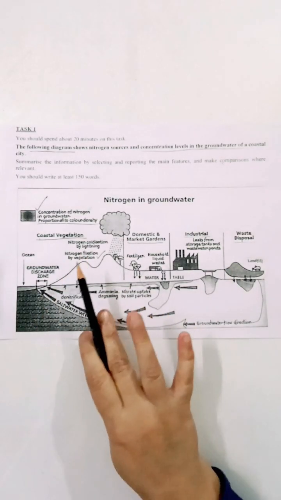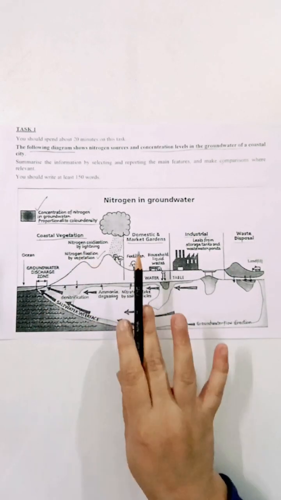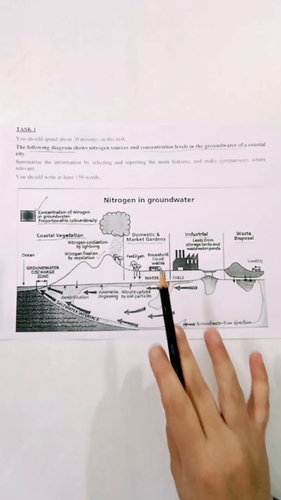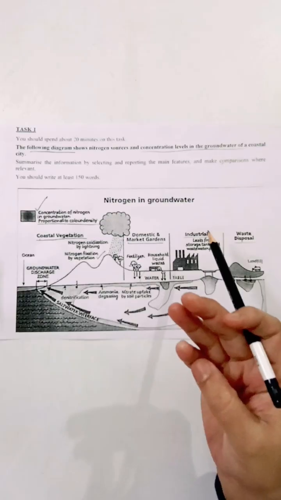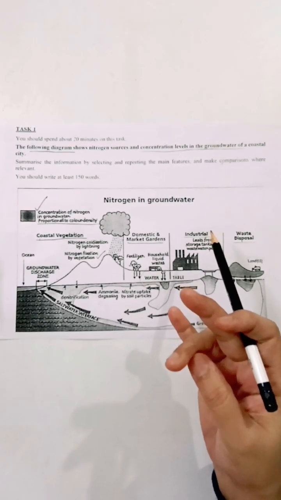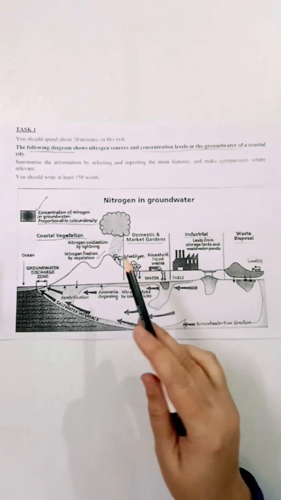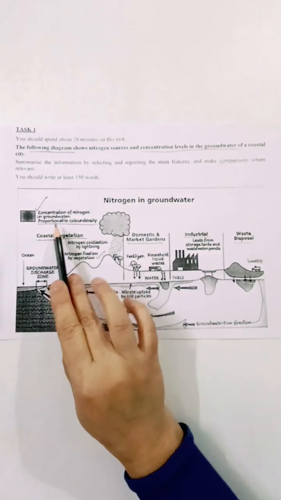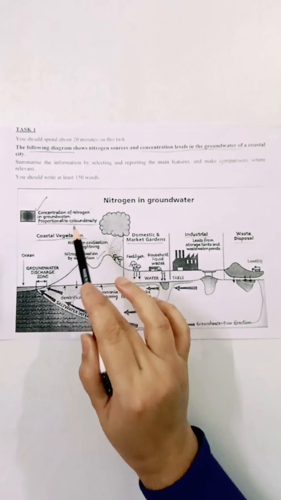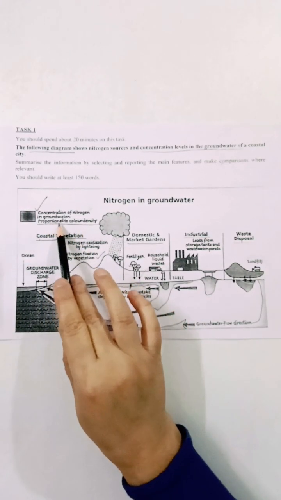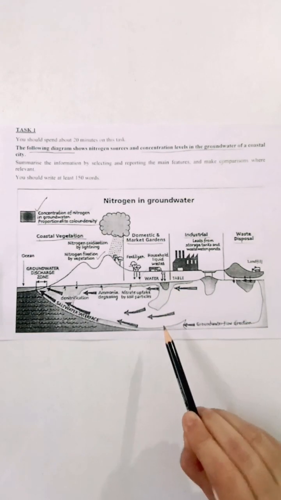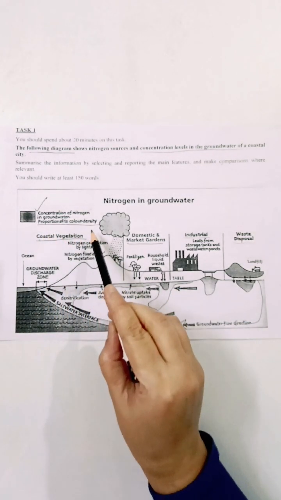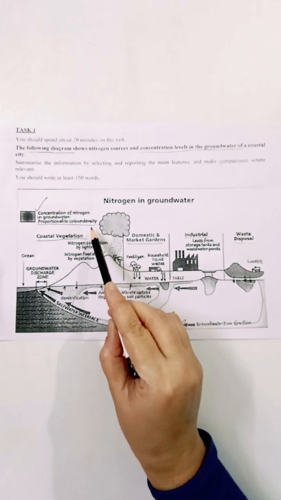So it is crystal clear from the diagram that the amount of nitrogen, okay, I'm not using level, I'm not using percentage, the amount of nitrogen here, you can see below the earth, because it is written groundwater, that means below the earth obviously, is directly proportional to which parameter?